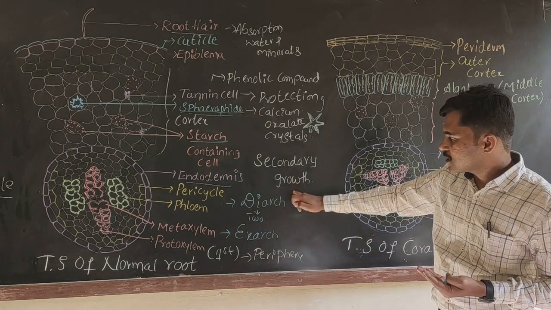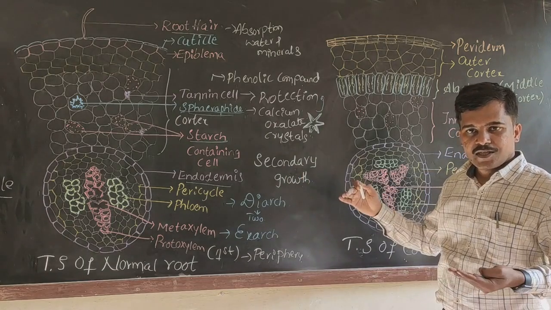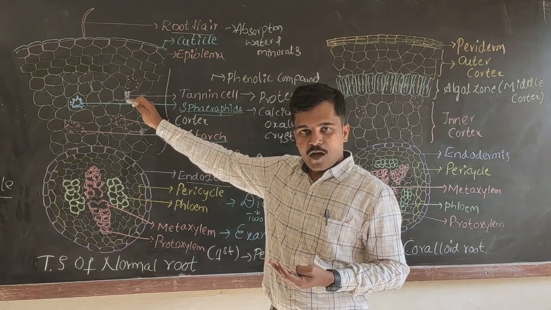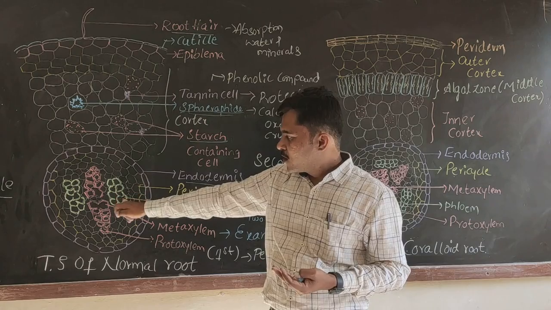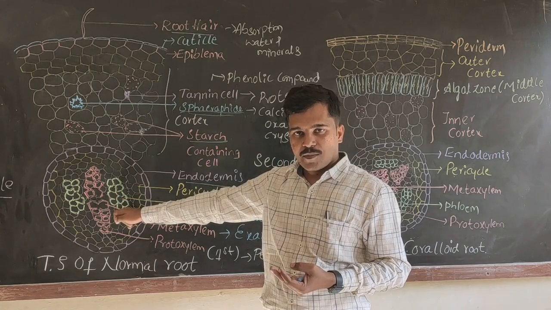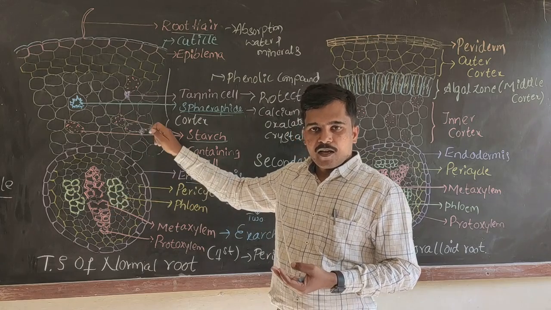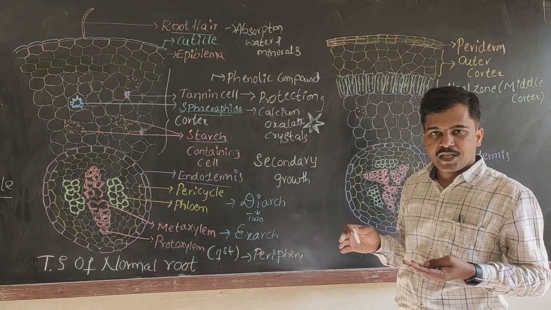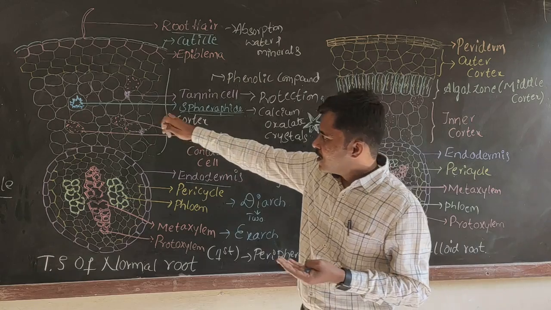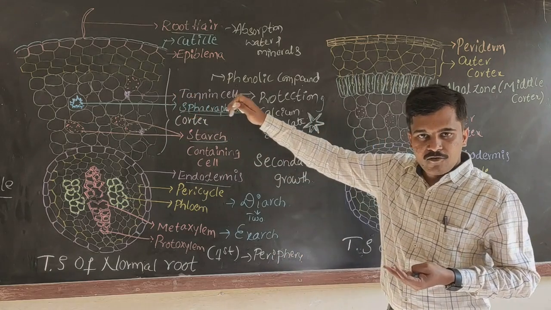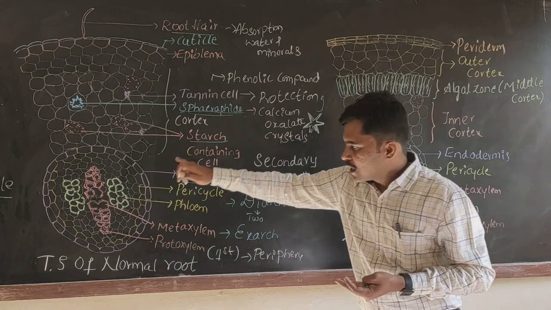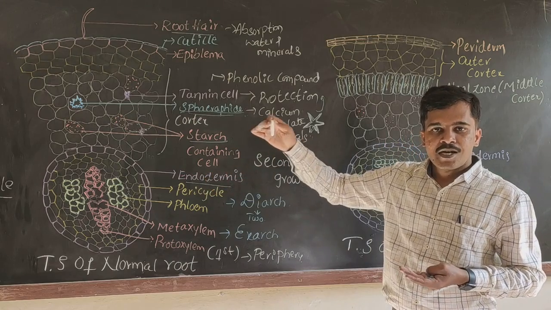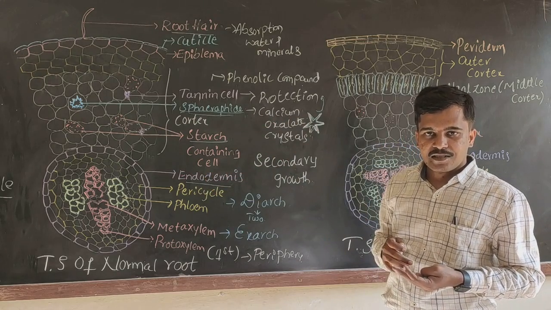So how does it increase the girth of the root? In the cortical region, cork cambium is present, and in the stelar region, vascular cambium is present. These cork cambium and vascular cambium divide continuously, and in the cortical region they produce phellem and phelloderm. In the vascular region, the vascular cambium gives rise to secondary phloem and secondary xylem.